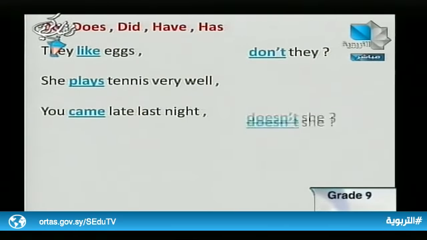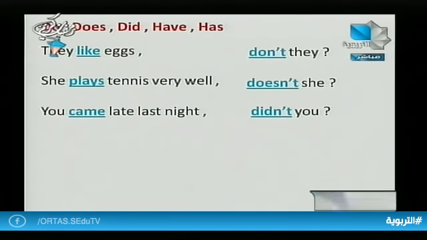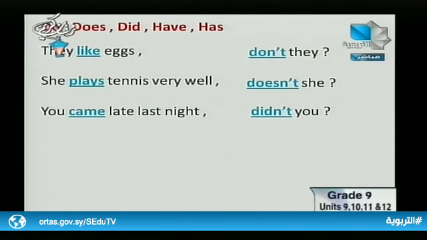Good. She plays tennis very well. Here we use does and the negative form, so it becomes doesn't she. You came late last night. This is the simple past. We use did and the negative form didn't, you, and question mark. Thank you very much.